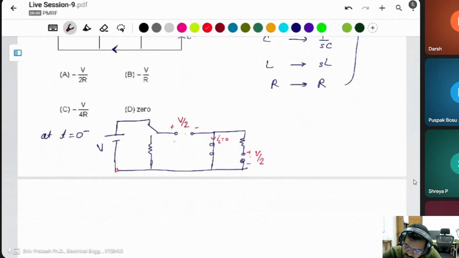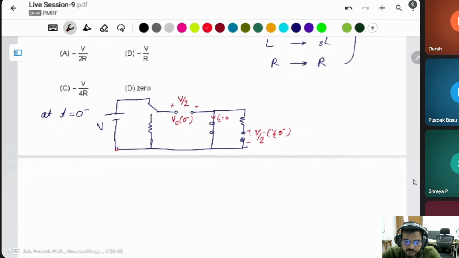This you can say is the initial voltage, VC initial. This current is 0, initial current is 0. But here is a short circuit.